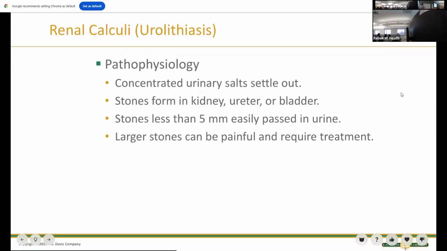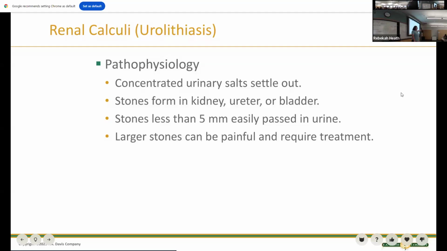Okay, so pathophysiology. Physiology is how something works, right? Pathophysiology is the dysfunction. How does this dysfunction work? Like the video said, there are urinary salts, minerals of some sort, that settle out. They form crystals, and then they form into calculi, these stones, in any one of these spaces.